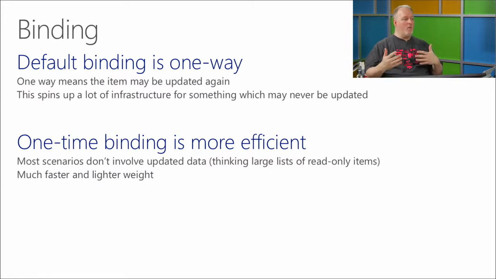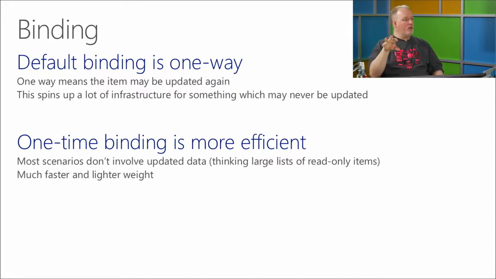If you think about how that works, that means the UI will always be looking for updates from the underlying objects, and there's a cost associated with starting that up and building that infrastructure out. So one way means that the item may be updated again, but for most apps, you get the data out there, and a lot of times it's not updated again.